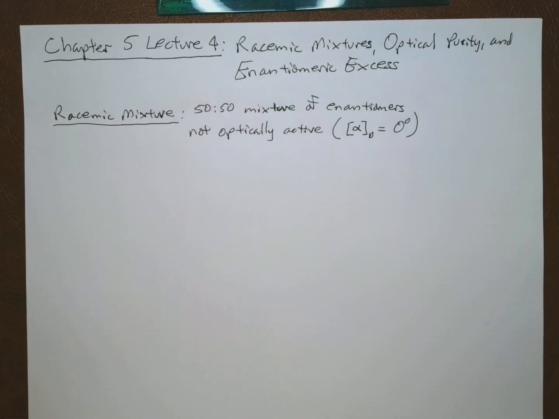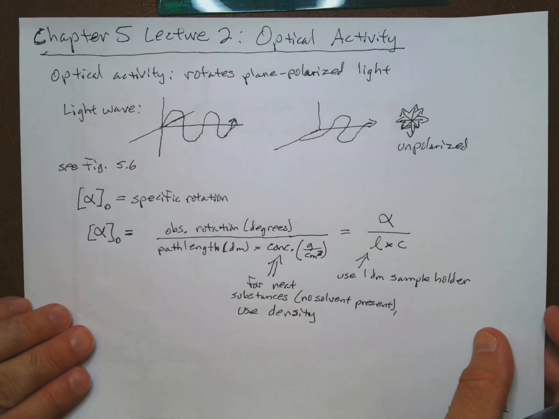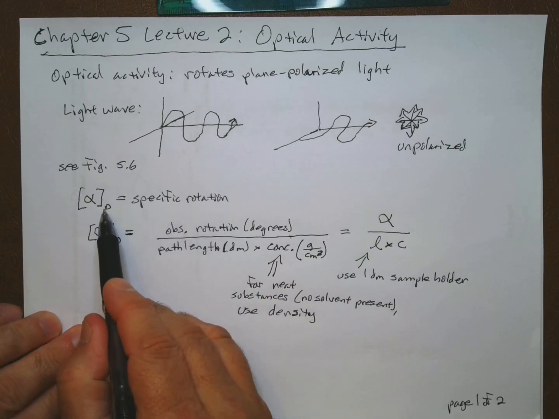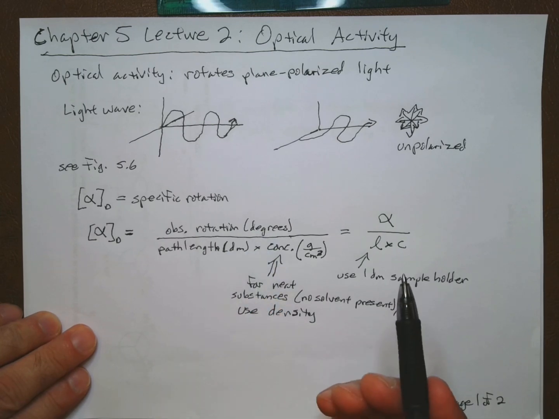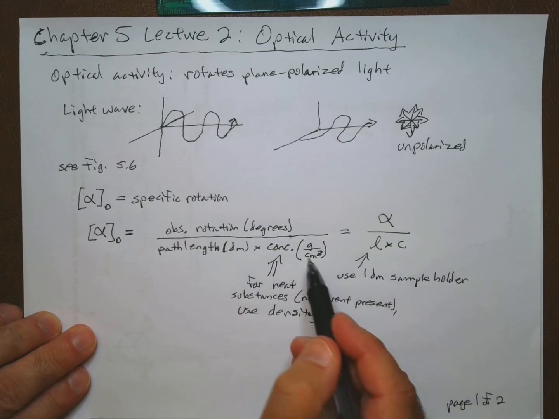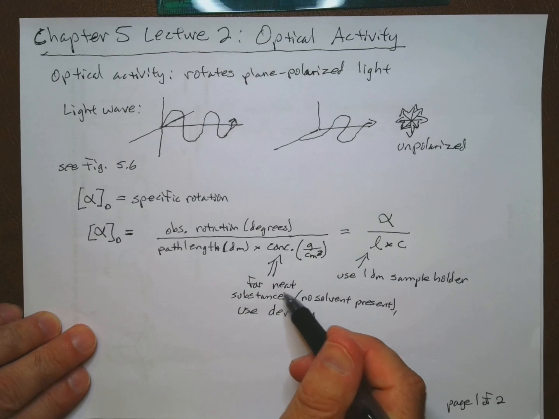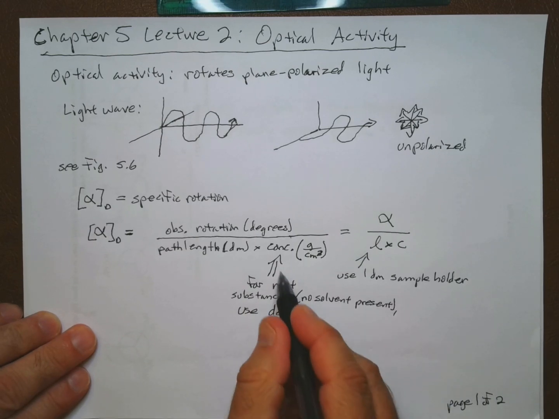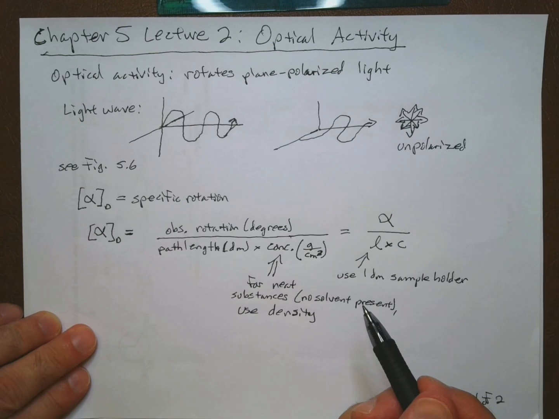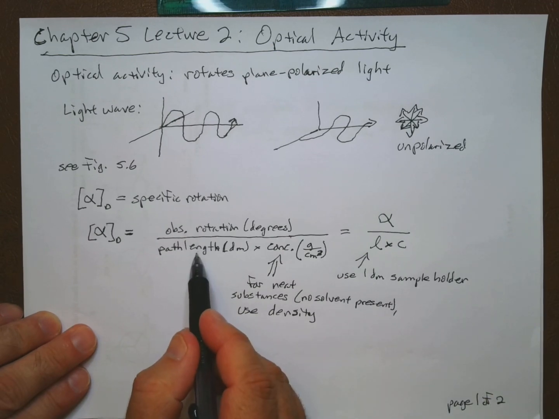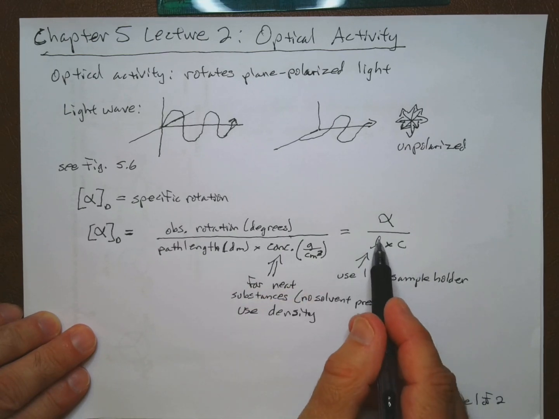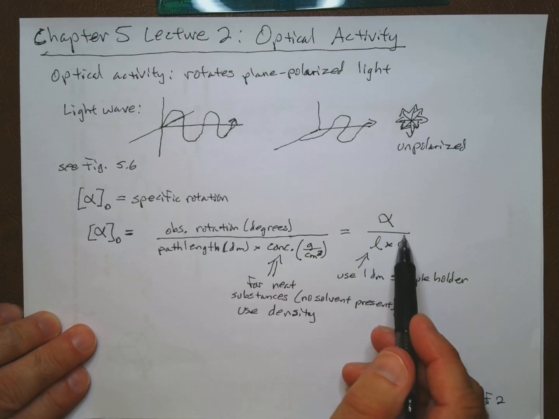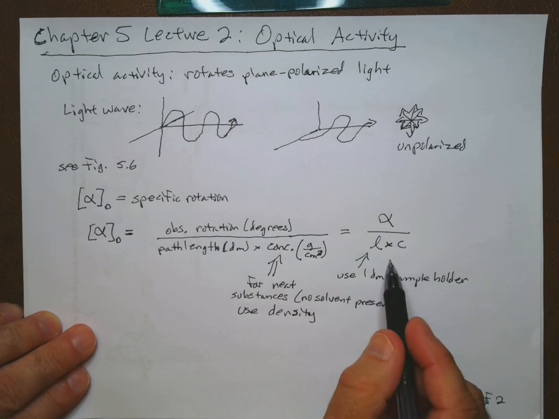So just to revisit here, we talked about specific rotation in Lecture 2. And we define that by the observed rotation in degrees using the polarimeter divided by the path length times concentration. And if we have a neat substance, no solvent present, we can just use the density instead of the concentration. We choose the path length to equal 1 decimeter, so it ends up being observed rotation divided by concentration or density.